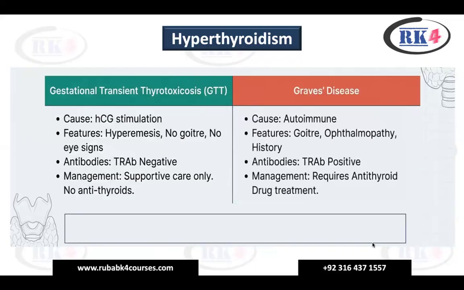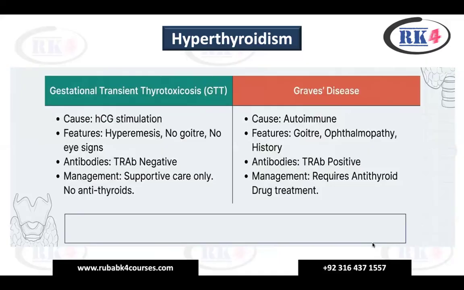Whereas Graves' disease is mainly because of autoimmunity. So thyroid peroxidase antibodies are present. The patient will have a history of autoimmune diseases. She will have goiter. She'll have ophthalmopathy. She'll have some other symptoms as well. So the patient who has Graves' disease requires anti-thyroid drug treatment.